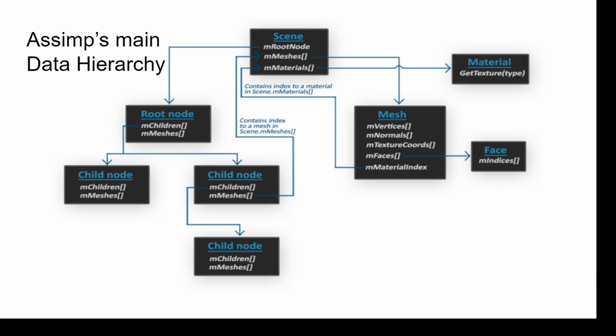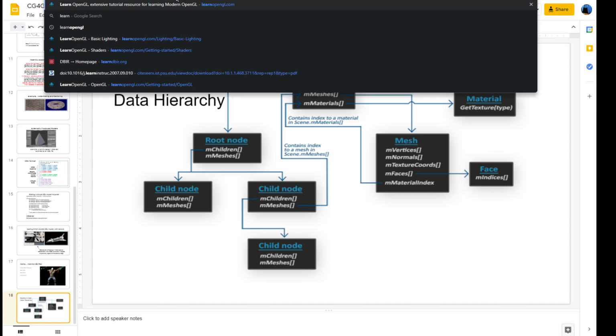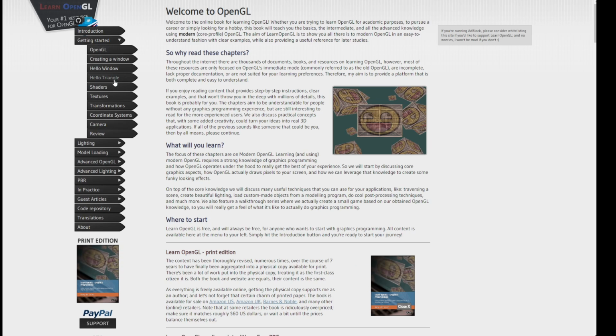And some of the stuff, if you are following along on Learn OpenGL, we're now definitely all the way through here.